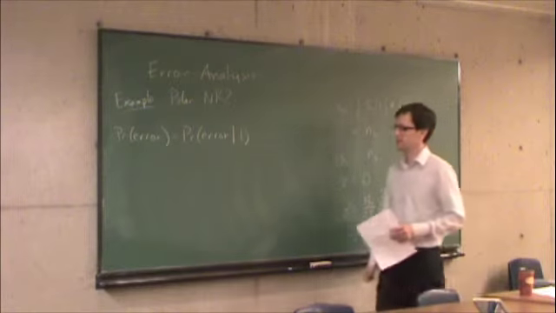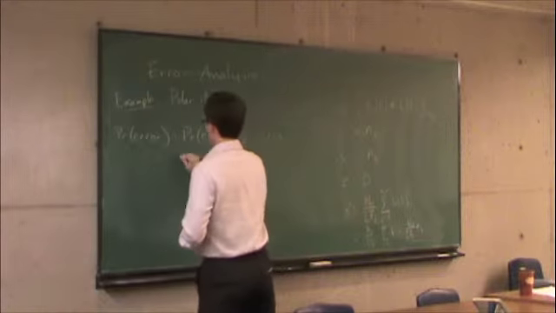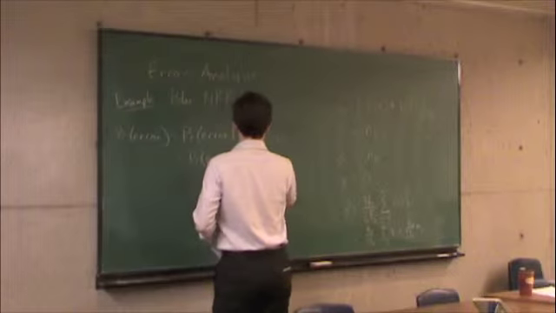All right, probability of error is equal to probability of error given 1 times probability of 1 plus probability of error given 0 times probability of 0.